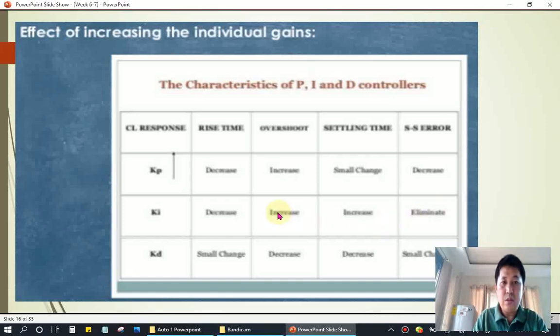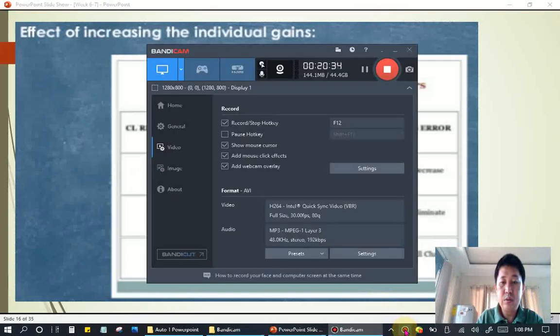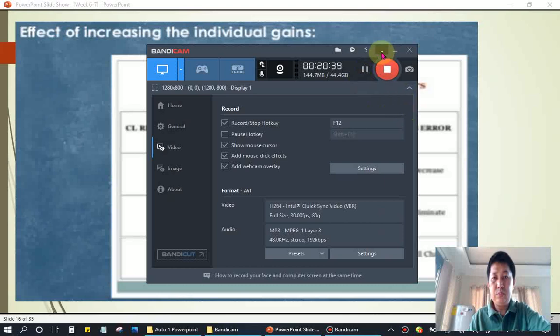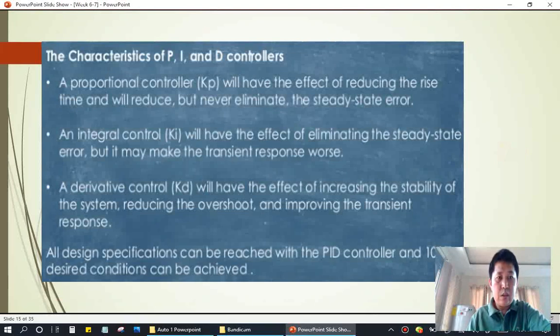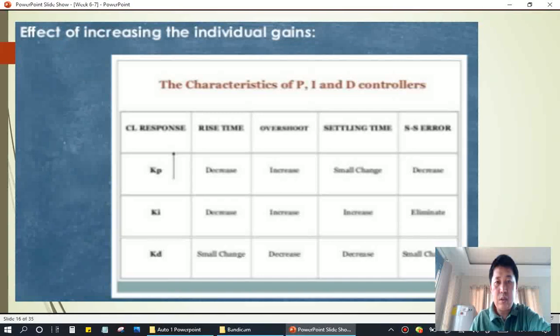So in the proportional controller, we have here the rise time decrease and the overshoot increase.